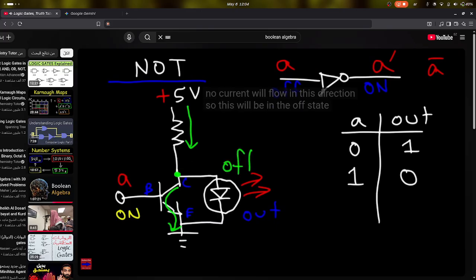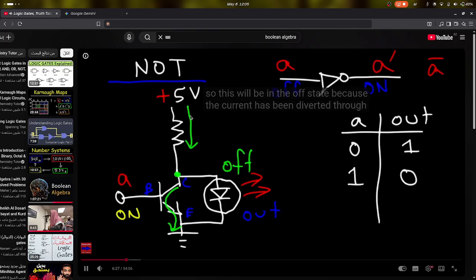So this will be in the off state because the current has been diverted through the transistor.